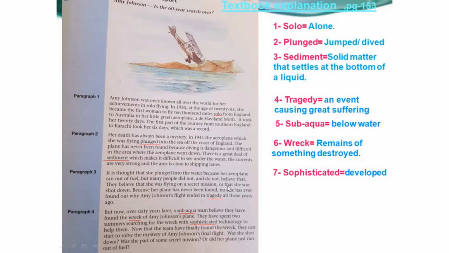Maybe she ran out of fuel or someone shot her plane. These remained the mysteries. Later on they found the wreck after a long time, after 60 years, when the technology got advanced and they developed the tools and instruments. Then they sent a team under the water to find out what was the cause, and like that they explored.